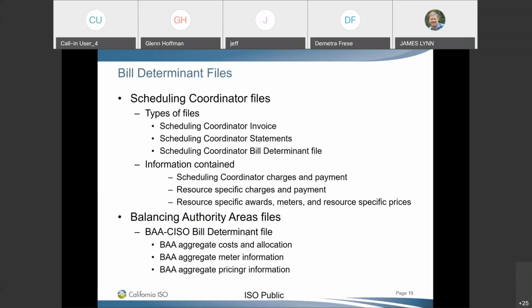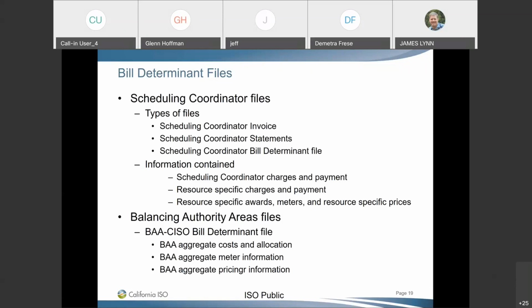You will see this when you want to do your validation of real-time imbalance energy offset and real-time congestion offset. A real big one is going to be congestion offset, and I'll talk about that one in a little bit. But that's basically what these files are for. For resource information, I have to maintain confidentiality.